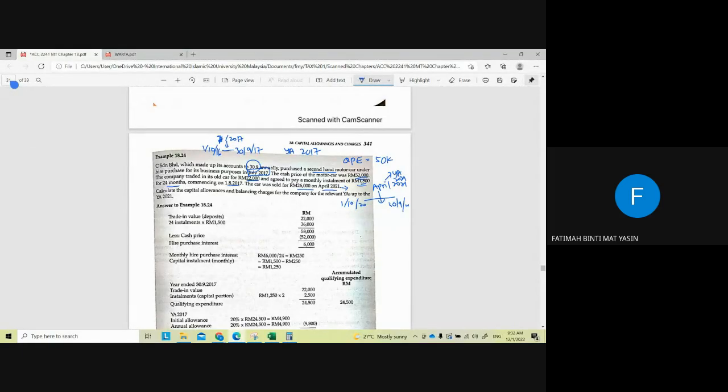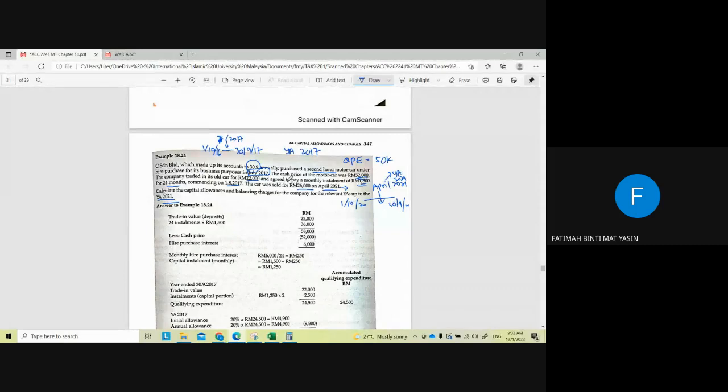So you need to know which YA the company actually disposed of the asset. It means the company can only claim the asset up to 2020. Calculate the capital allowance and balancing charges for the company for the relevant YAs up to YA 2021.